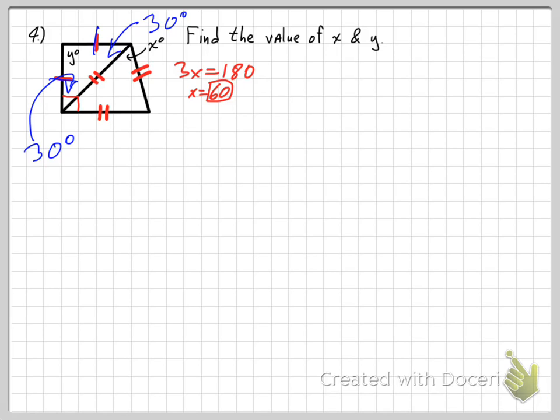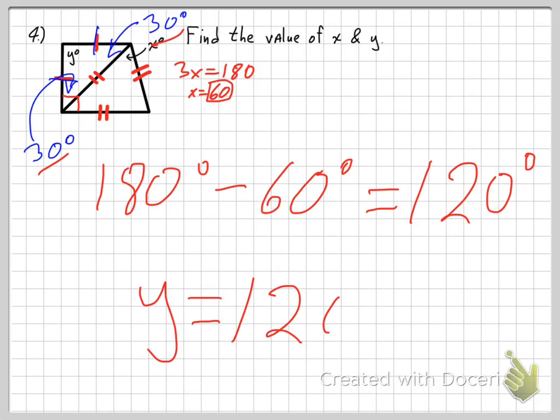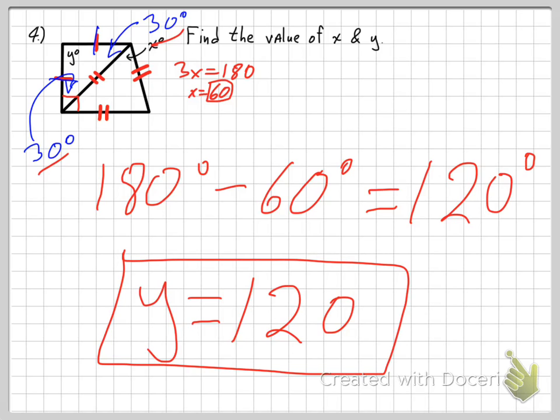So we have this 30 plus this 30, that obviously totals 60 degrees. There are 180 degrees in a triangle minus the 60 degrees we already have, and that leaves 120 degrees. So y must be 120. So x is 60 and y is 120.